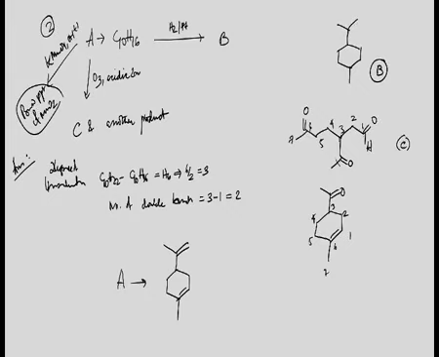So, C is this and another product. If you do the ozonolysis here, this will remain here, but here if you have a terminal double bond, we have seen the formaldehyde will form. So, another compound will be formaldehyde.